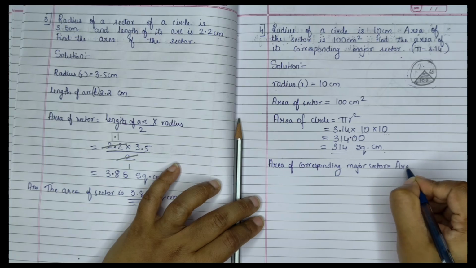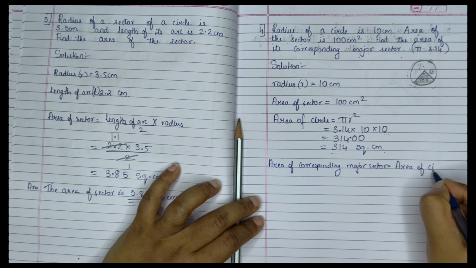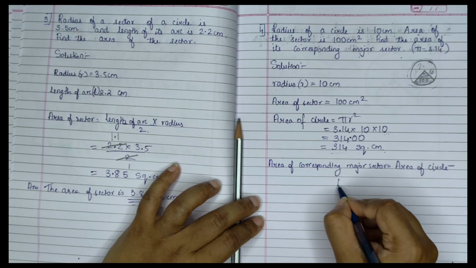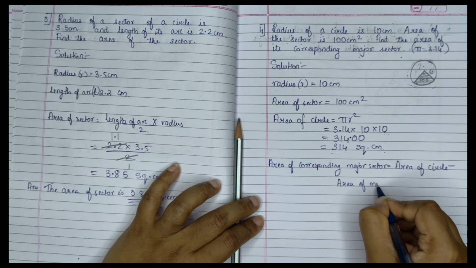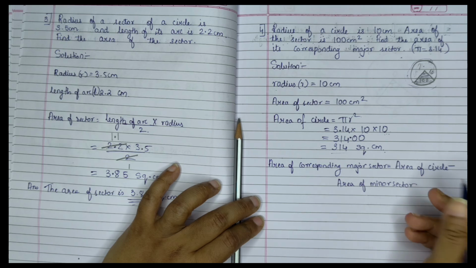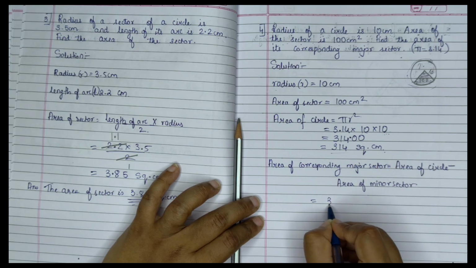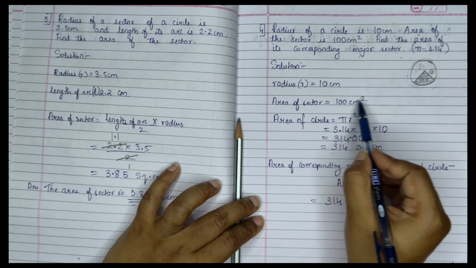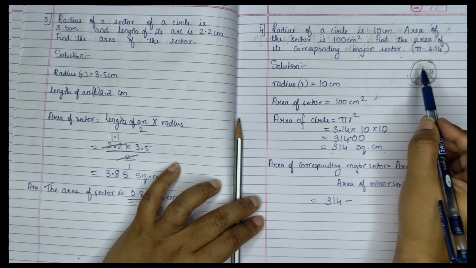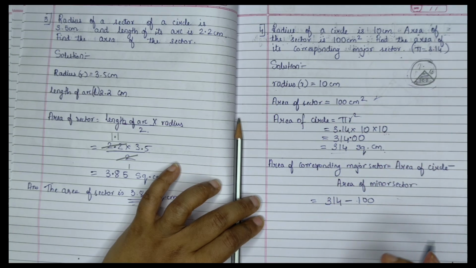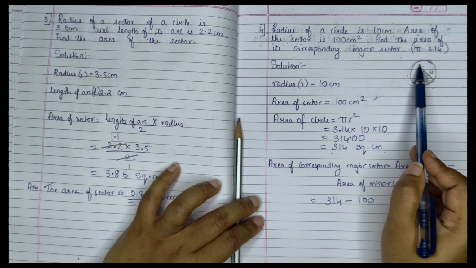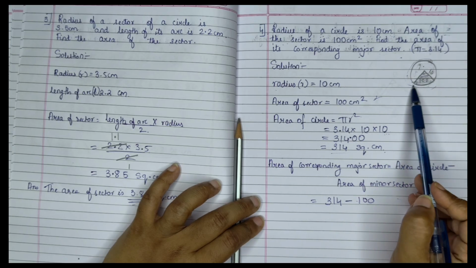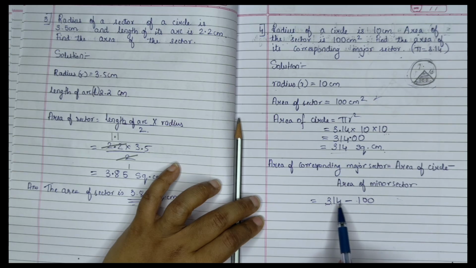Area of circle we got 314, minus area of minor sector. The minor sector is given here, this is the minor sector, we have to find the major sector. So minor sector is given 100. So 314 minus 100, we will get 214 square centimeters.